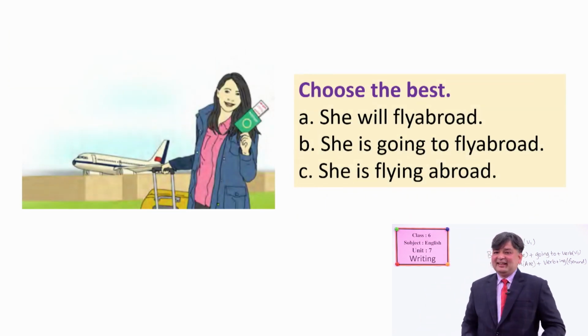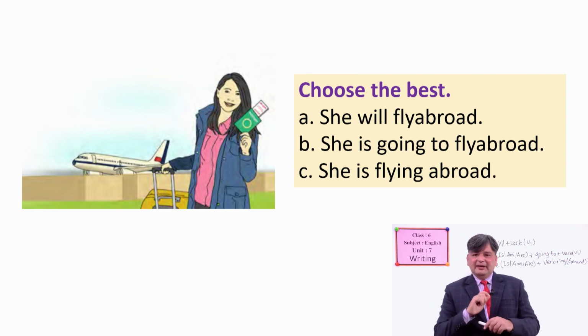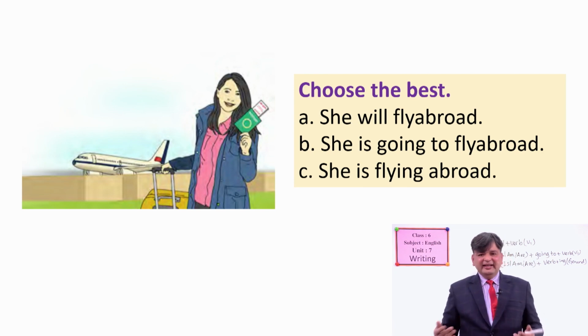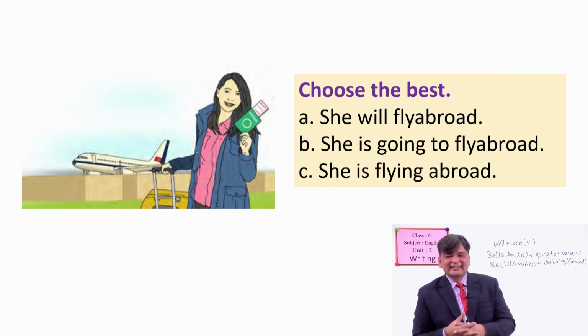So what do you think this picture refers to? Which one? Number A, she will fly abroad, she's going to fly abroad, or she is flying abroad. But you said she will fly abroad before. You want to change? Okay. Which one do you want to go with? C. Good. Why?